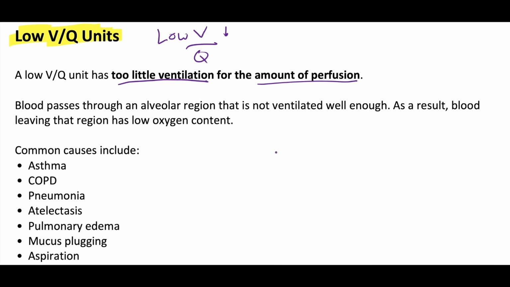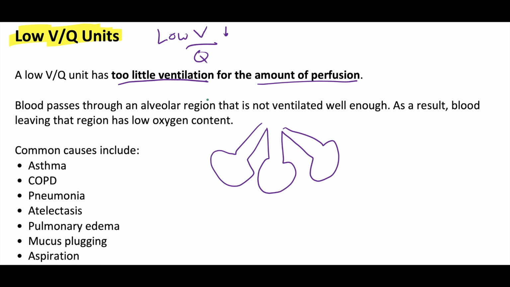So let's just say you have pneumonia, and you have all these alveoli right here. These alveoli are full of pneumonia and pus and gunk. What's going to happen is these units are not going to get enough ventilation. You're not going to be able to get enough oxygen into the alveoli because those alveoli are full of pus and pneumonia.